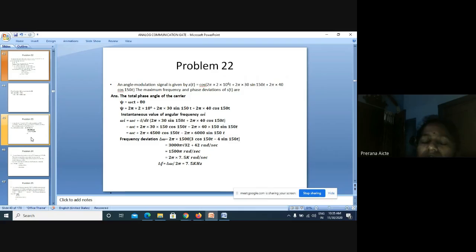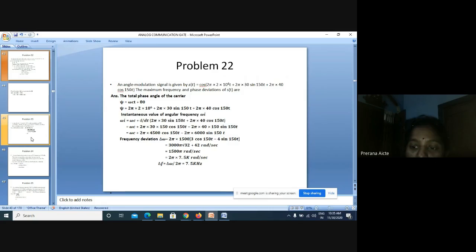They may ask what the different types of modulation techniques are that we use for AM and FM, and what the different demodulation techniques are that we use for FM, or which one is the best demodulation technique.